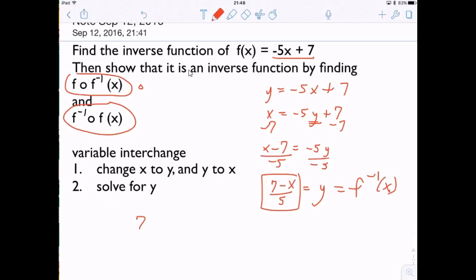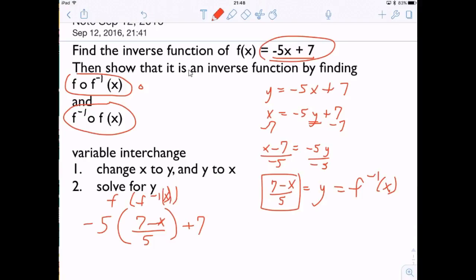And we're going to put that inside the function, which is this one. We're going to have negative 5 something plus 7, okay? And then inside we're going to put the inverse function. So the inverse function goes inside, the function goes outside, okay? And in the middle of it all goes x.